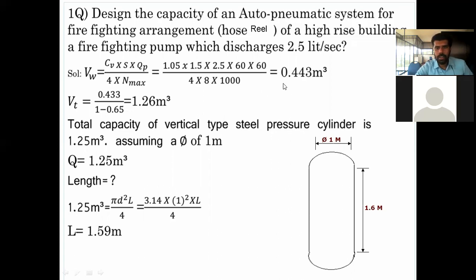Just multiply and see whether you are getting this answer, 443 or 433.